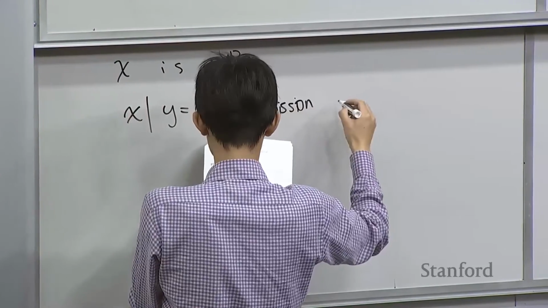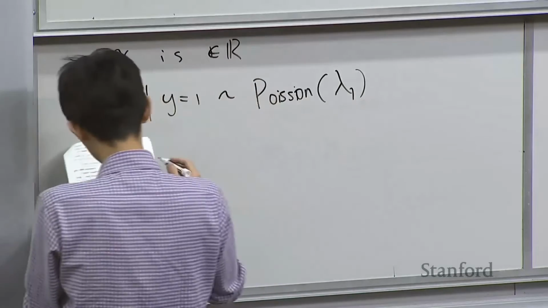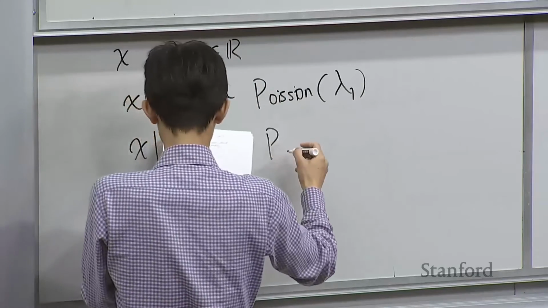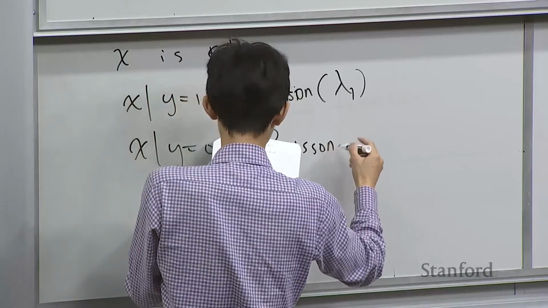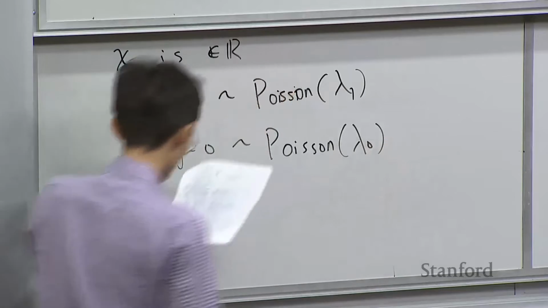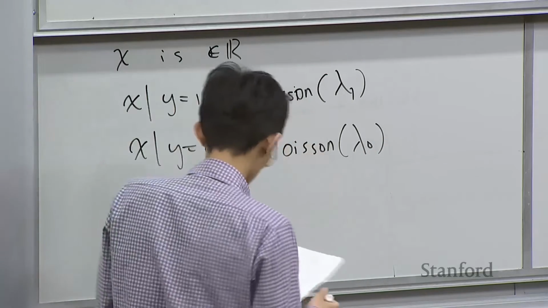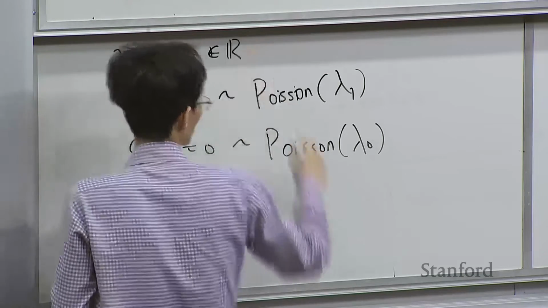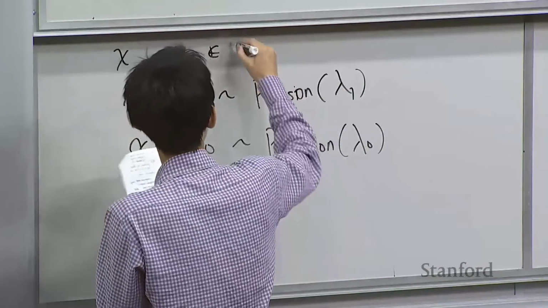Sorry, I misspelled this word. So you change it, it's no longer Gaussian, it's some other distribution. And because this is a Poisson distribution, x has to be an integer.